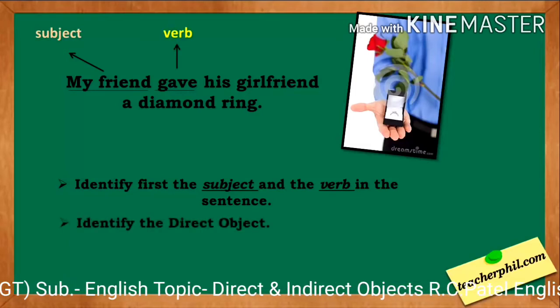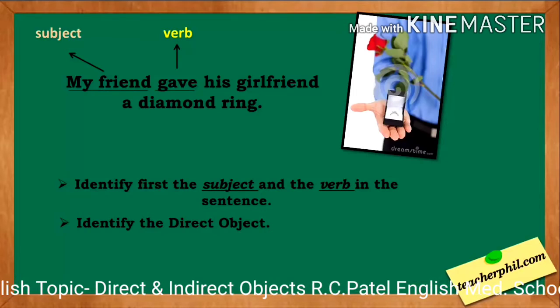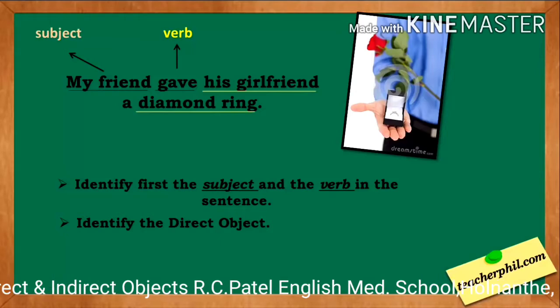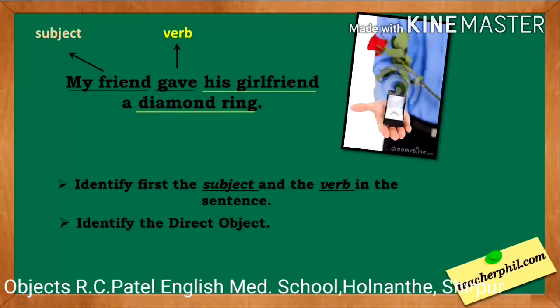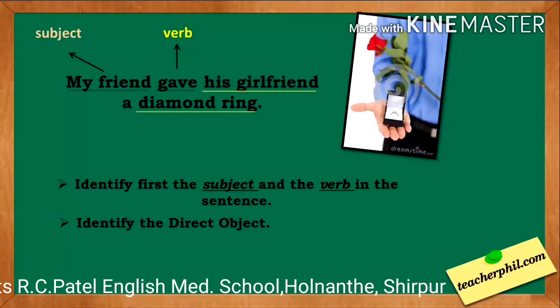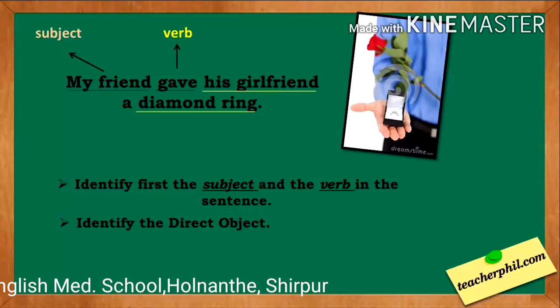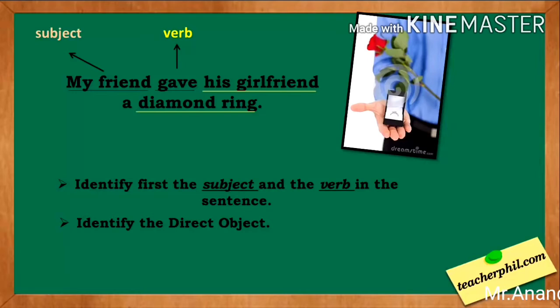Now the third step, as I said, is to identify the direct object. You can get the direct object by asking the questions, that is by using what and whom. So what did my friend give? A diamond ring. So a diamond ring is direct object.